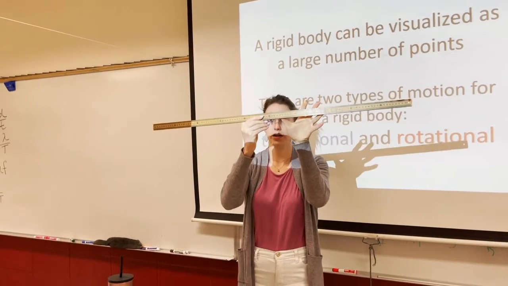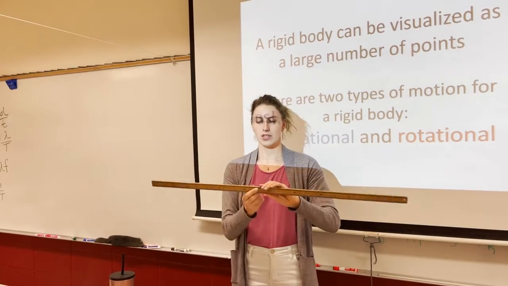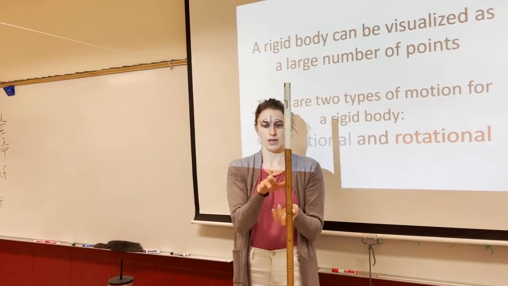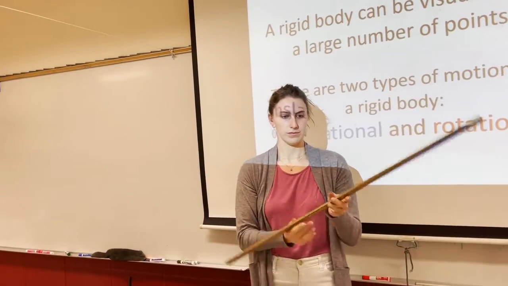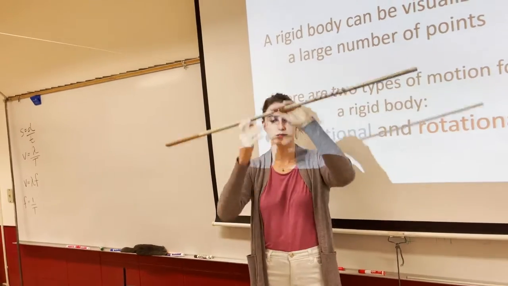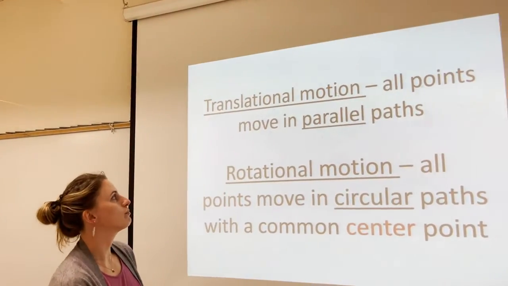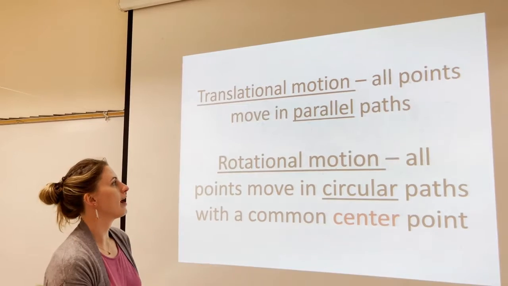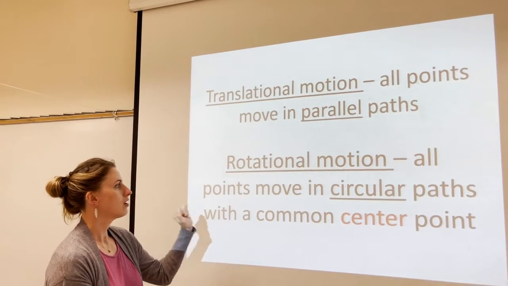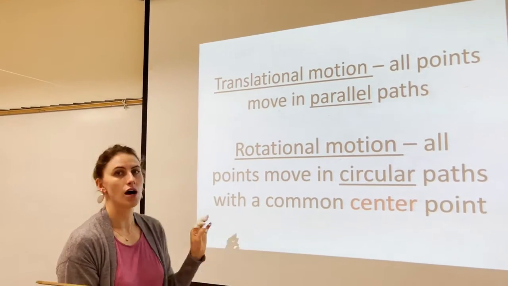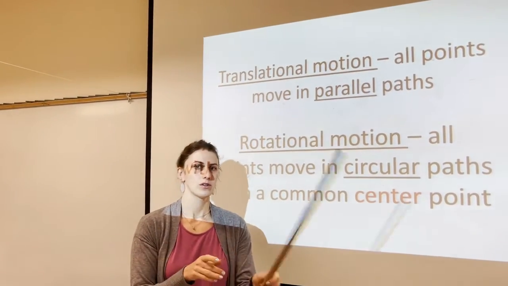They all move up here, they all move over here, and as I twirl it, they're all moving. So in translational motion, all the points move in parallel paths, whereas in rotational motion, they all move in circular paths with a common center point.